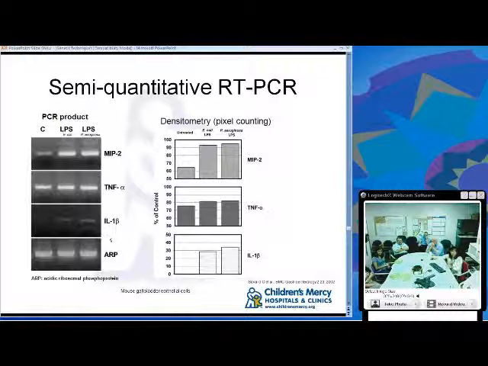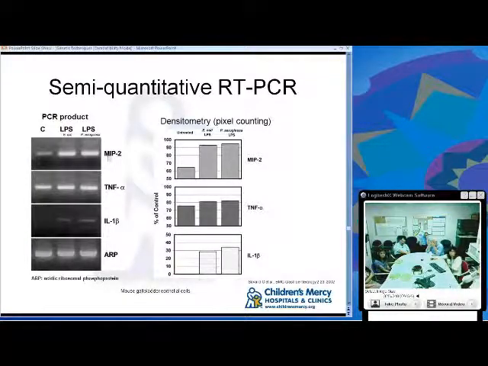If you wanted to quantify this, you would take a picture of your gel and do densitometry, which is basically pixel counting. Based on the pixels and the ratio of this to this, and this to this, you can then graph it.